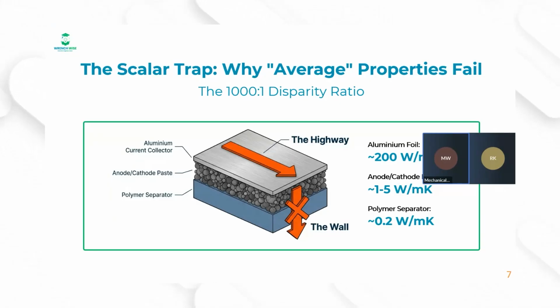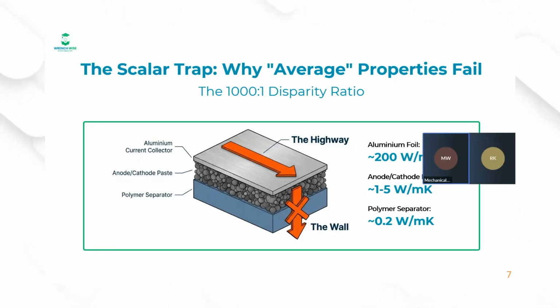In the winding direction, this is the coil in between, heat can easily bypass the insulator by traveling along the foils. But in the radial direction, across the radius, the direction we often rely on for cooling, heat must cross every single layer of your battery, including the insulating separator layer itself.